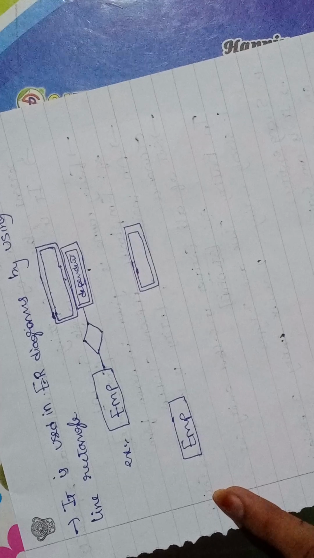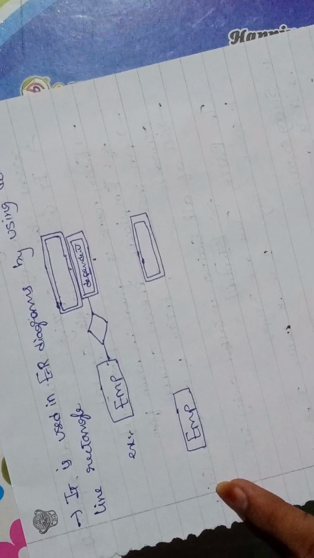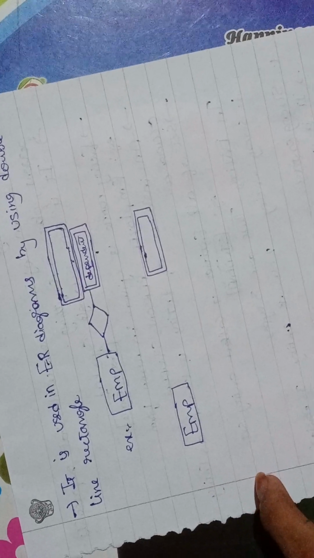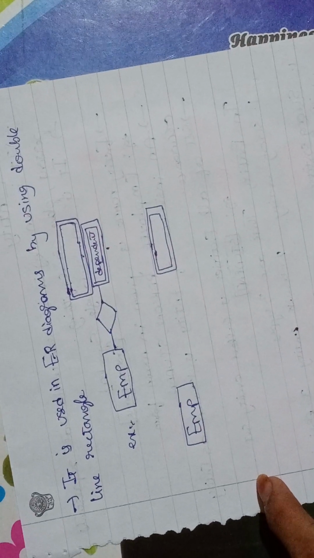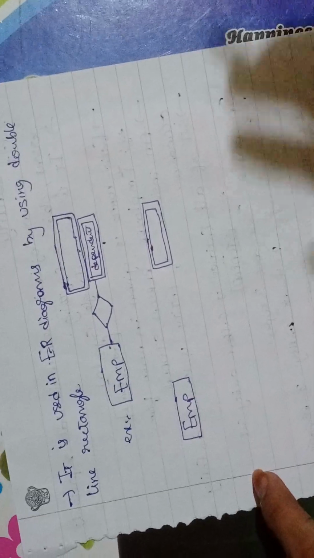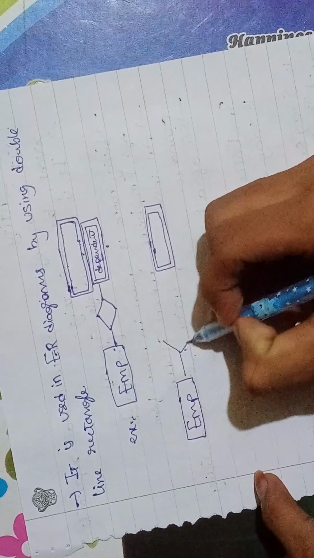The first entity is employee and the second entity is the dependent of an employee. Dependents means parents, wife, children. These are dependents, and the relationship has a policy. Here the relationship is represented by a diamond symbol.